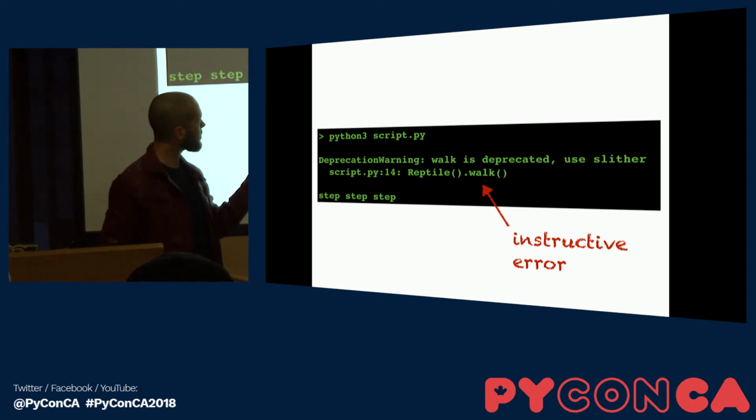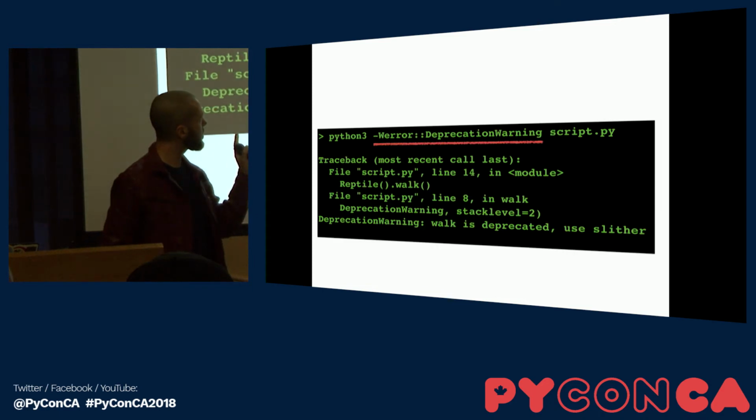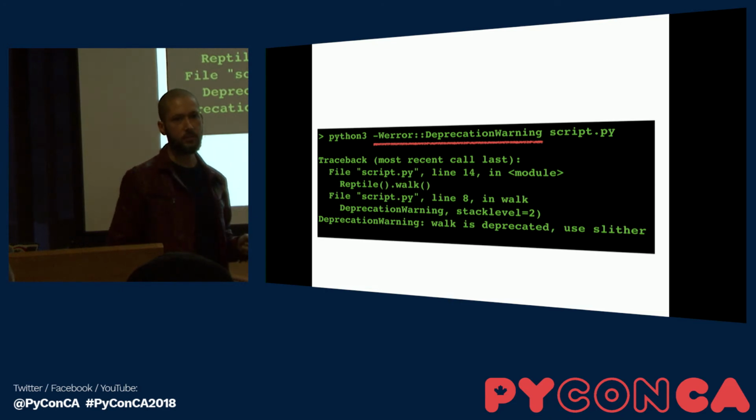So in order to turn warnings into errors, so you have firm tests, there's this command line option to Python called -W error::DeprecationWarning. And if you pass this, then the traceback shows where the code failed, and this warning becomes an exception, and it does not print step, step, step.